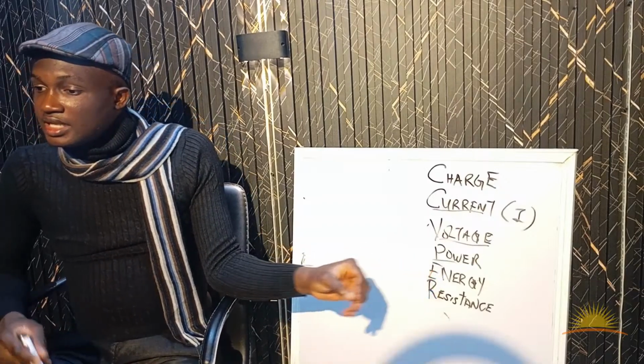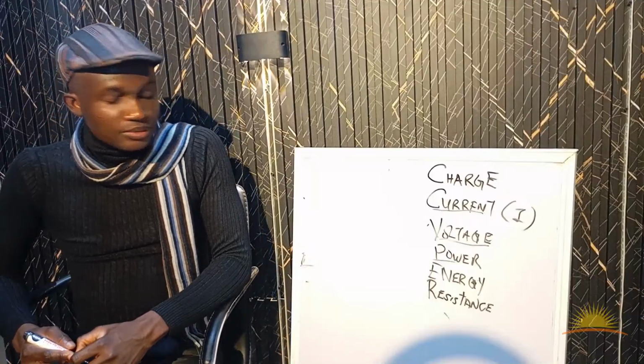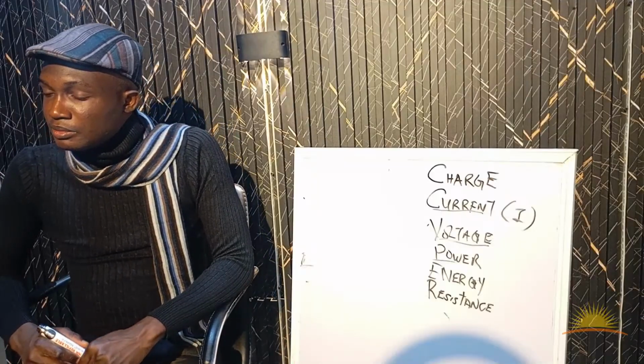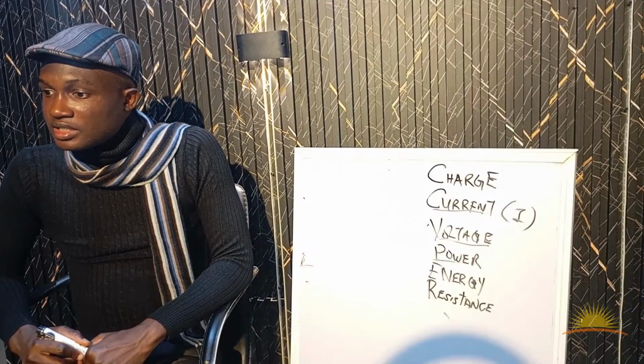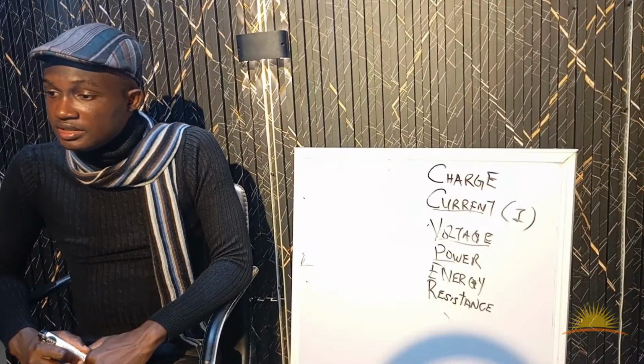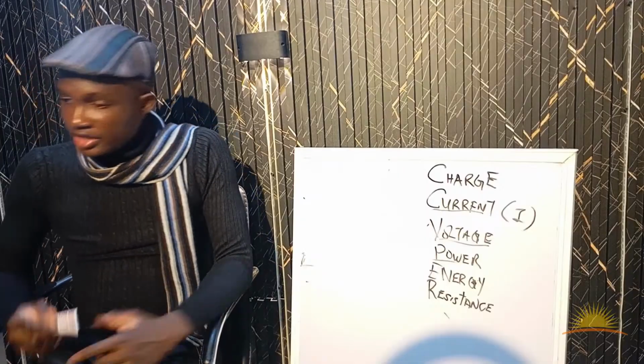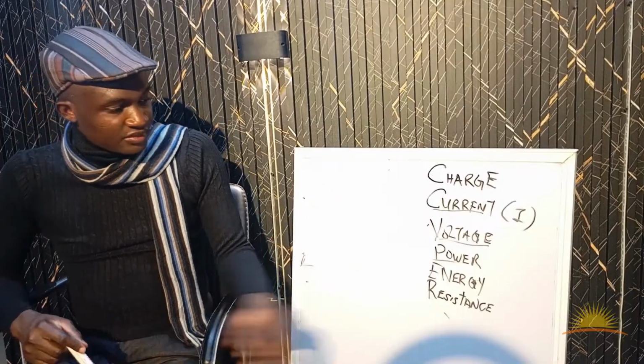What is energy? Energy is the power used over time. That's just what energy is. So when I say I used 10 watts in 10 seconds, then my energy is 100 joules. We'll get to the calculation shortly.